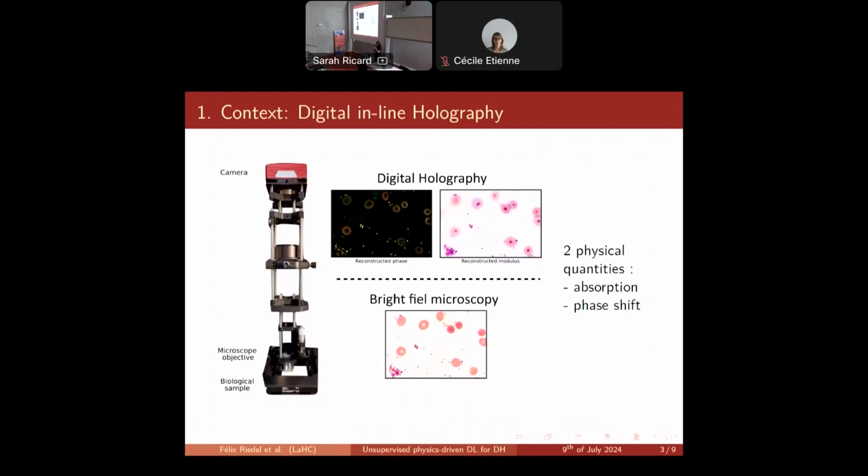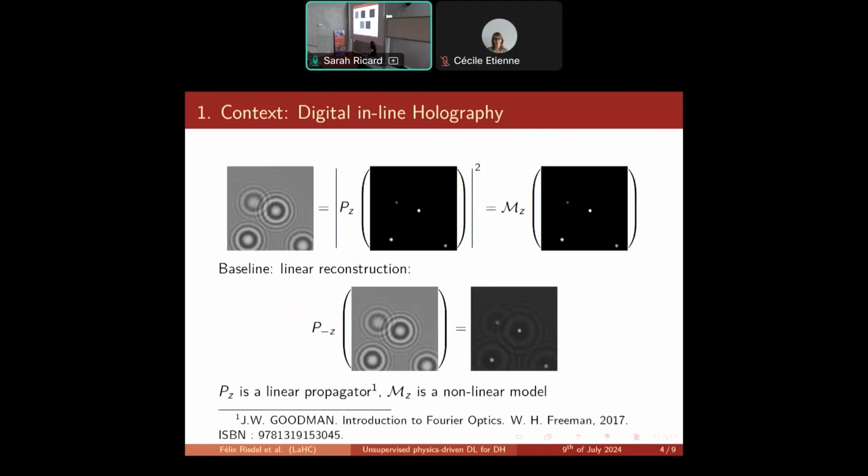The big difference between digital holography and traditional bright field microscopy is that in bright field microscopy we obtain the absorption of the object, whereas in digital holography we can also get the phase of the object, which is really interesting information because it's directly linked to its refraction index. That's the main application.